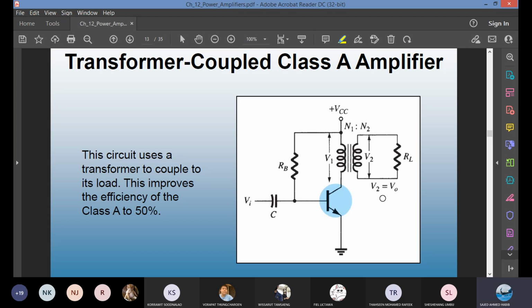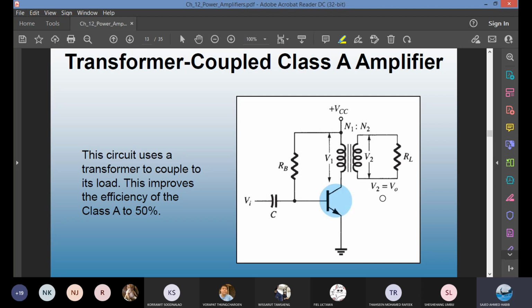The relationship of coil versus voltage and coil versus current, I think it is in one of the future slides. V1 over V2 equals N1 over N2. And I1 over I2 equals N2 over N1.